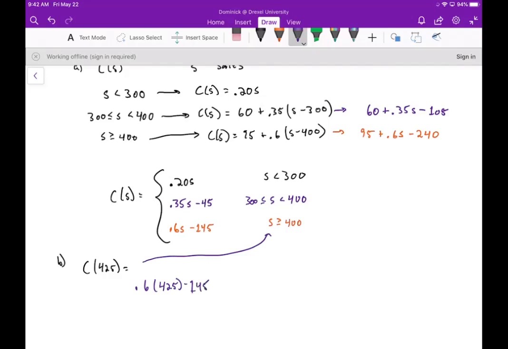If we do 0.6 times 425, we get 255. Then if we subtract 145 from that, we get 110. So if your sales are 425, the commission that you would get is 110.